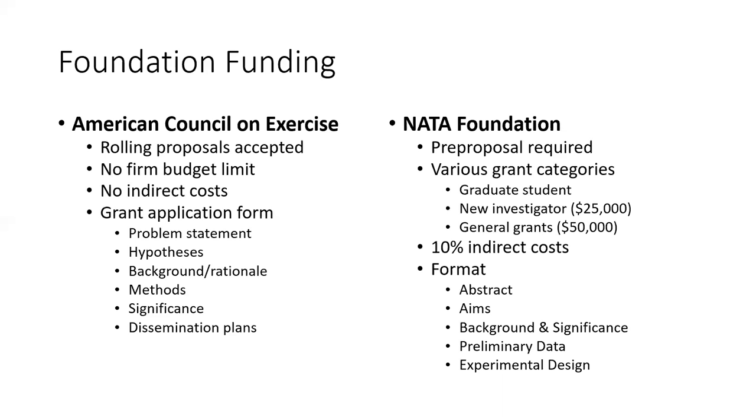If you find an organization that you think probably should have a grant mechanism, just reach out to them and inquire, because sometimes their websites just aren't as user-friendly, but they actually do have them. And then if you think about it, your competition is probably much lower, which equals higher acceptance rates, which is wonderful. American Council on Exercise also doesn't have a firm budget limit.